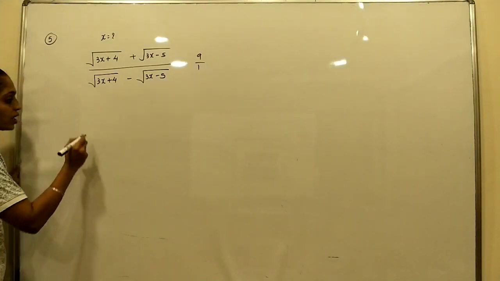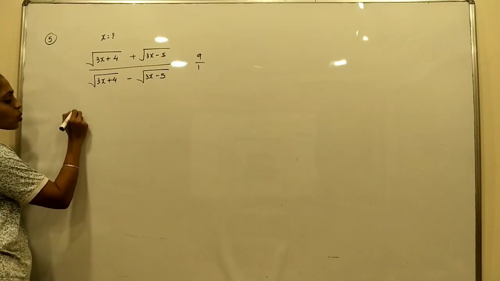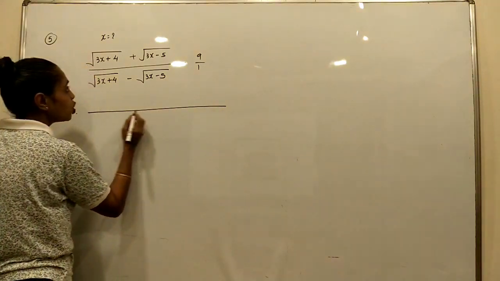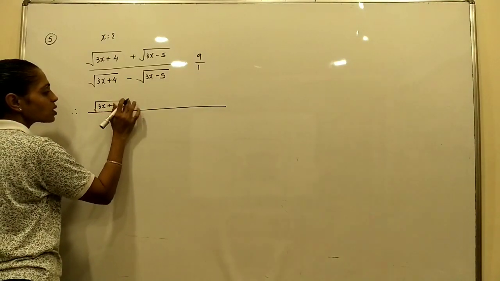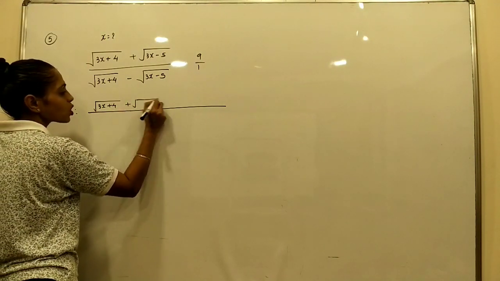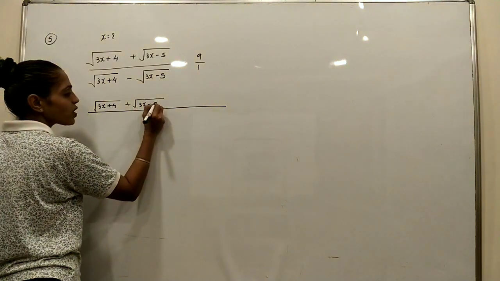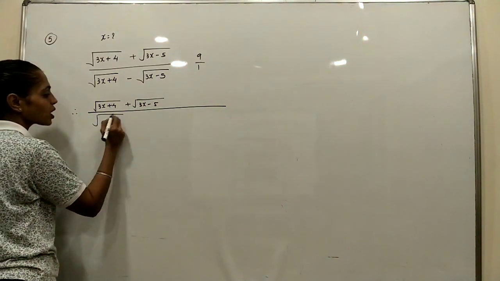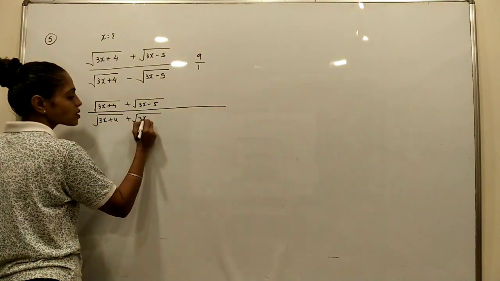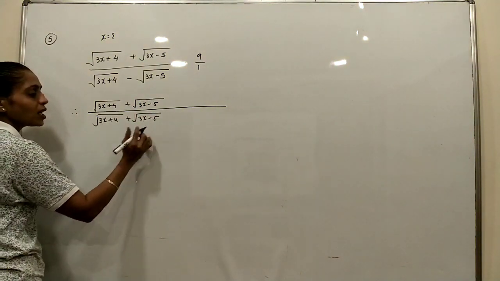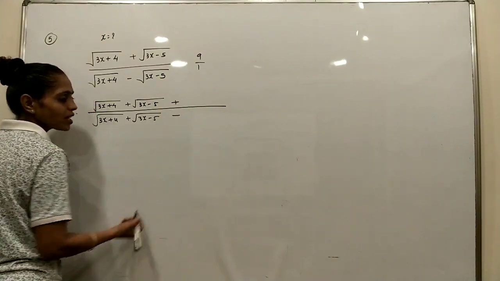Using componendo and dividendo. So, numerator: root of 3x plus 4 plus root of 3x minus 5. This is just the numerator. Numerator plus denominator minus denominator.